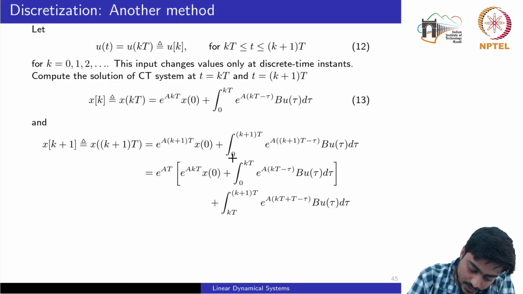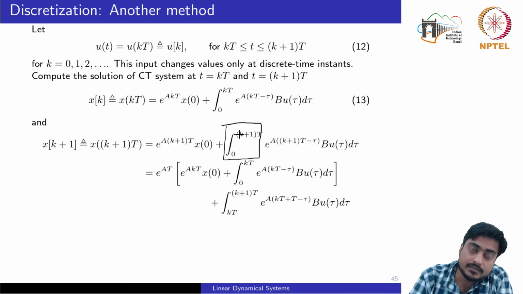Now let's see. First of all, I break this integral into two parts: the integral from 0 to kT, which is this one, and from kT to (k+1)T.